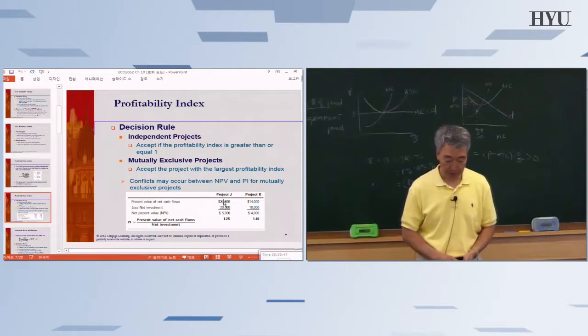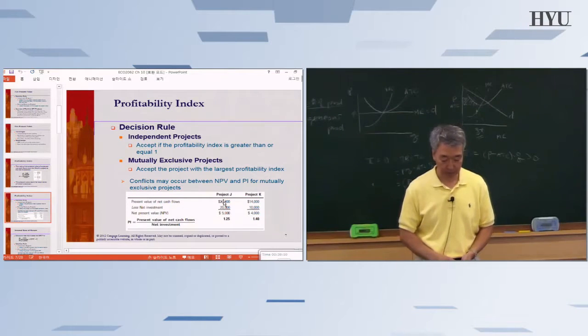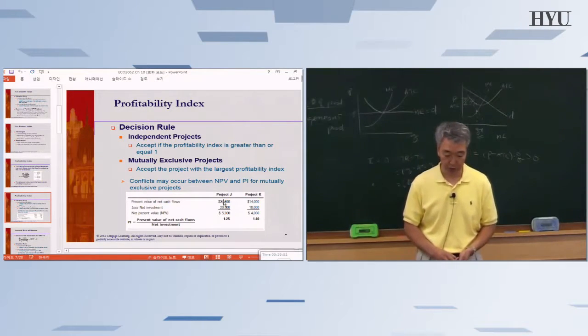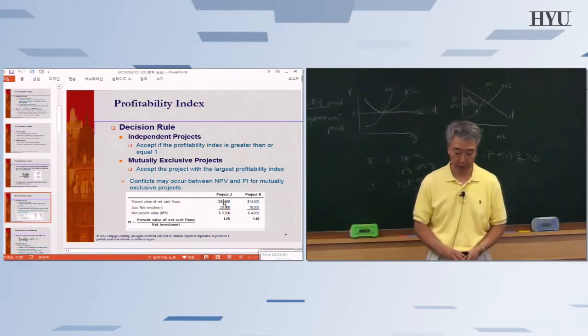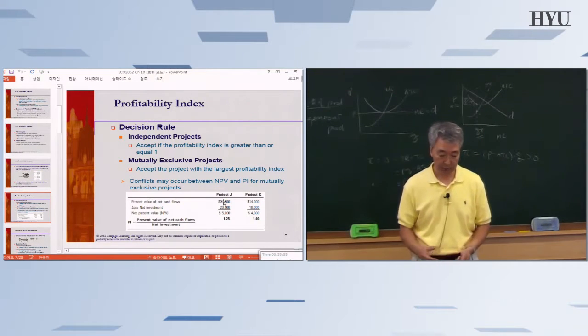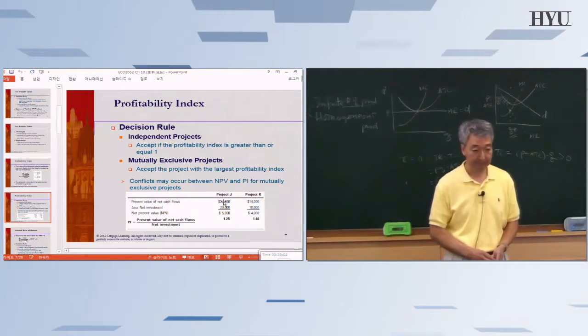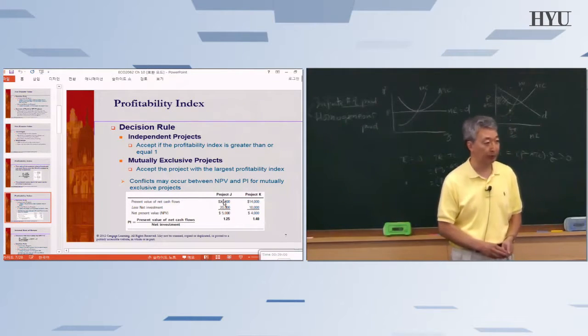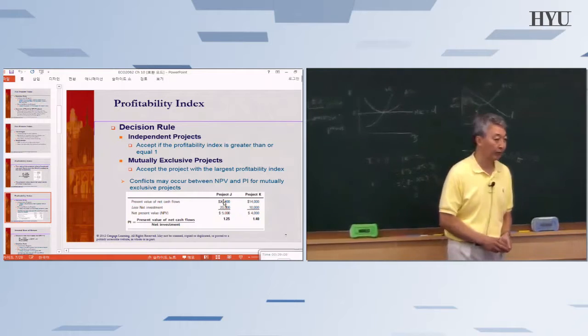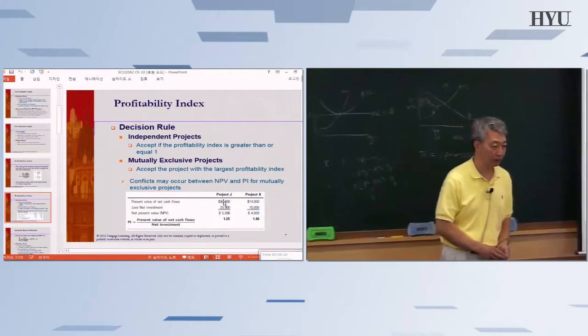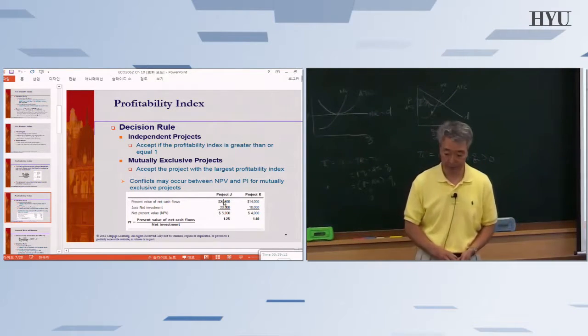So once you calculate the profitability index, how do you use it to make the decision? Well, for an independent project, accept if the profitability index is greater than or equal to 1. The same thing as net present value: accept the project if the net present value was greater than or equal to 0.